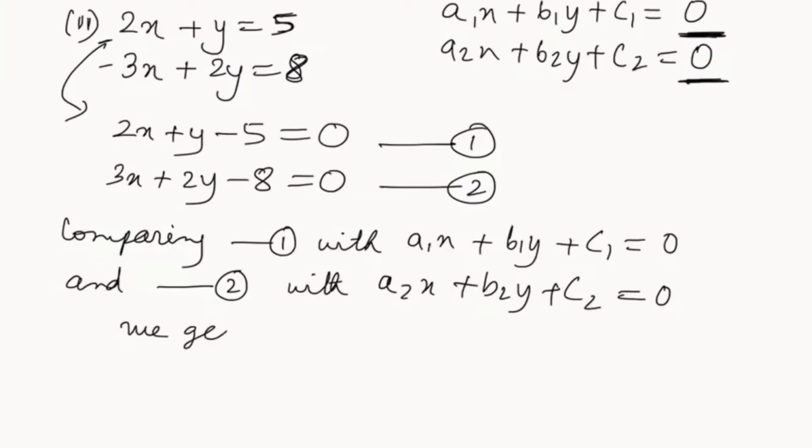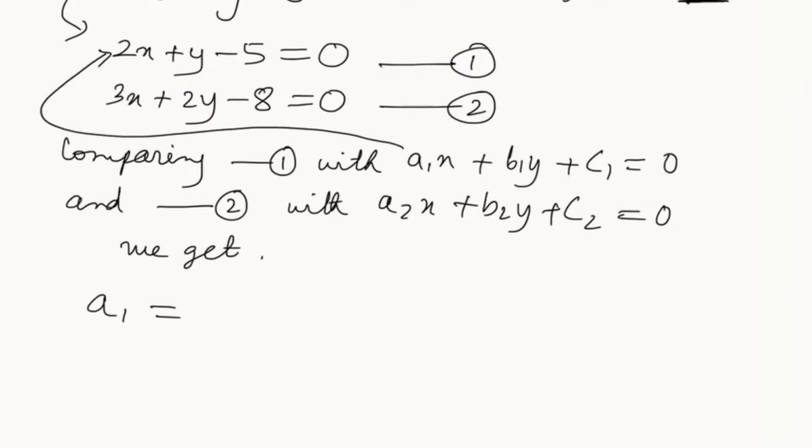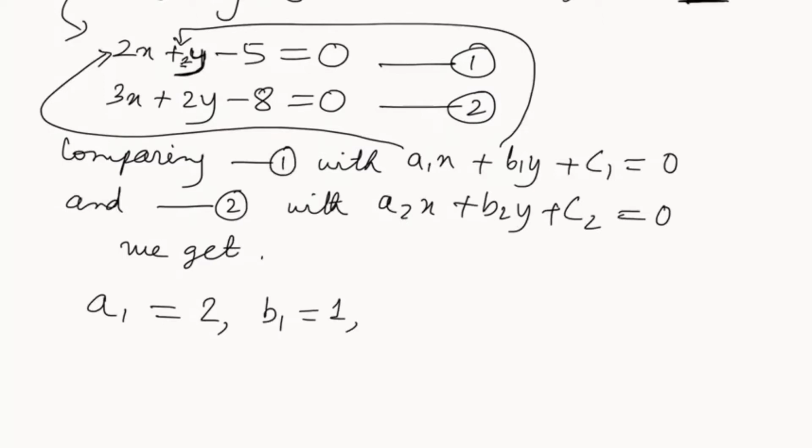We get what? We get a1. What is a1? a1 is this 2. What is b1? b1 is this. There's only y here, that means we have the number 1 here, so b1 is 1.